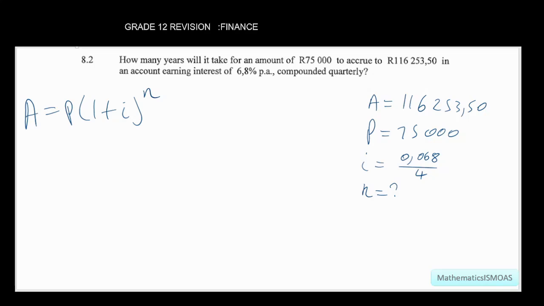Remember, in this formula, n is the number of years. So if it is monthly, we multiply n by 12. Quarterly, we multiply by 4. Semi-annually, we multiply by 2. And then we divide i accordingly.